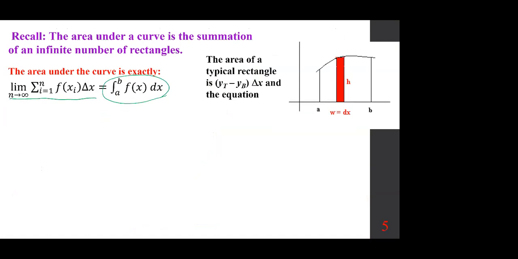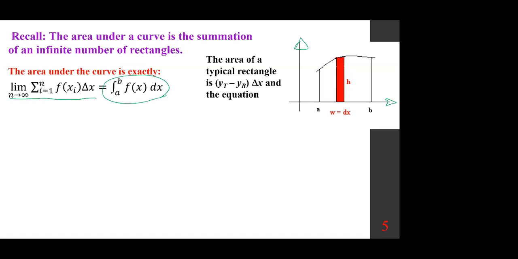So it's important to understand, when you're looking at this graph, the area of a typical rectangle. If you pick up a typical rectangular strip, the height h is y of the function if the bottom function is the x-axis.